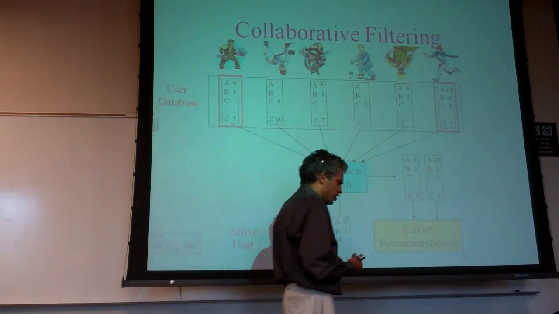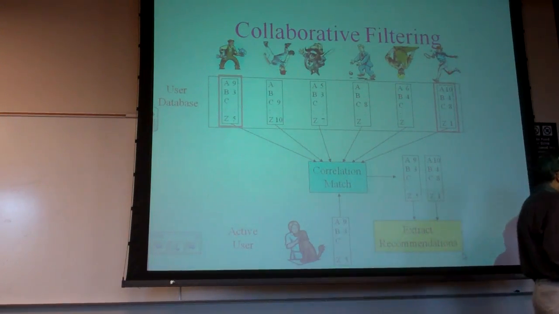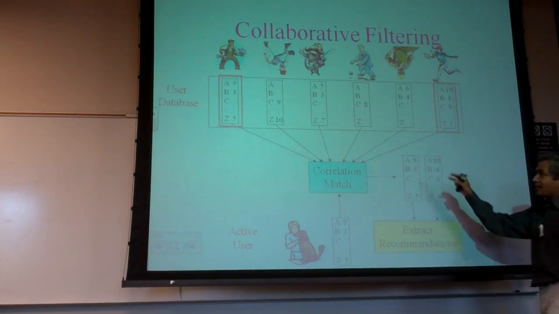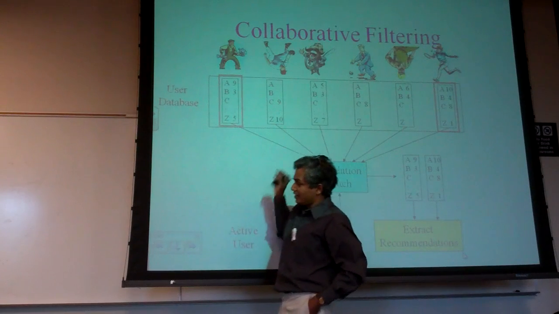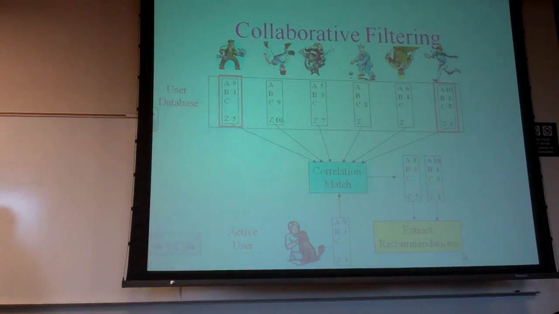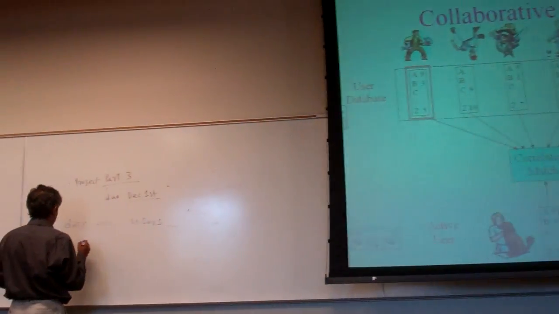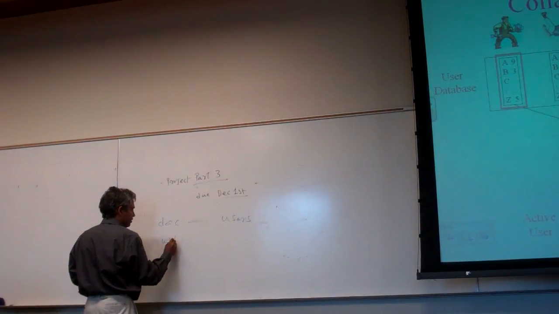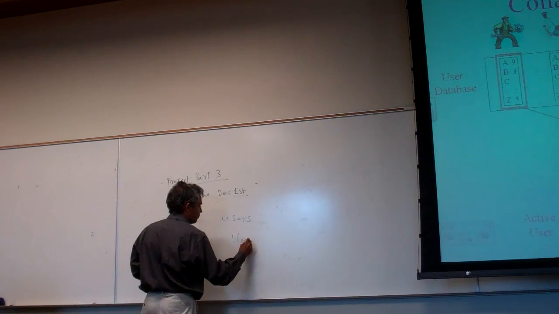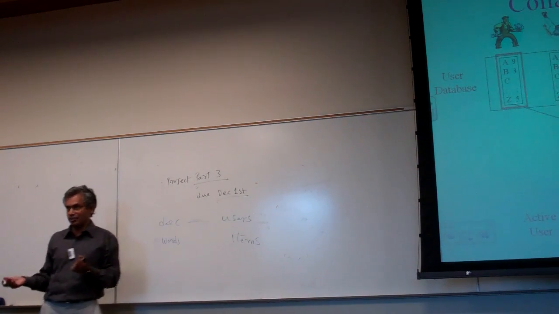The only minor change is you are aware of the fact, unlike in documents, so basically the big analogy here in collaborative filtering is documents, users, words, items. That's the analogy, right?